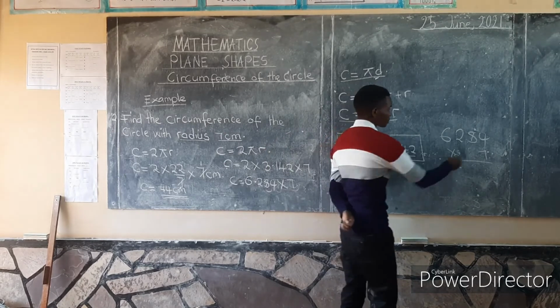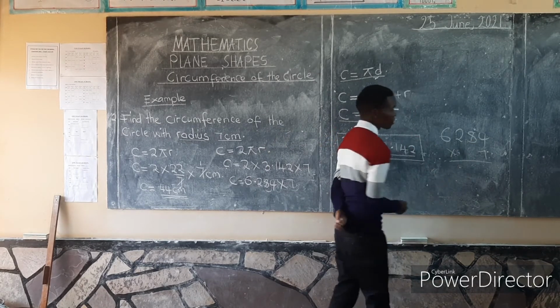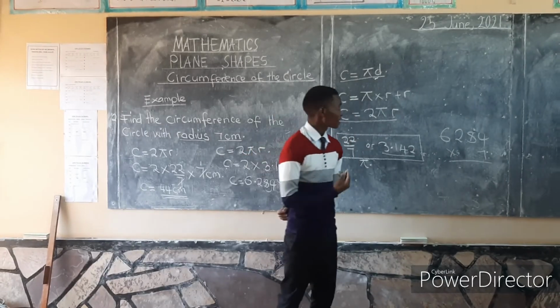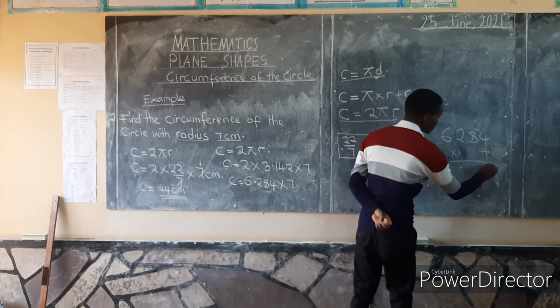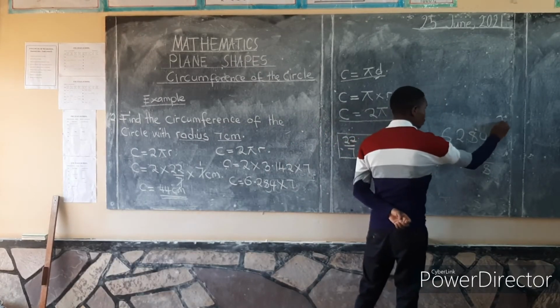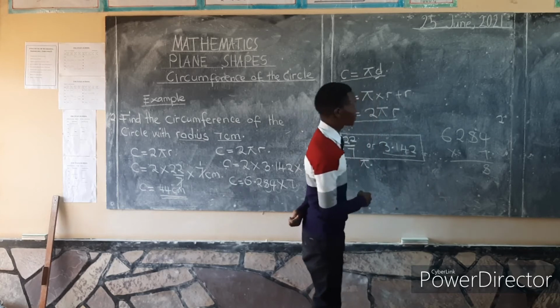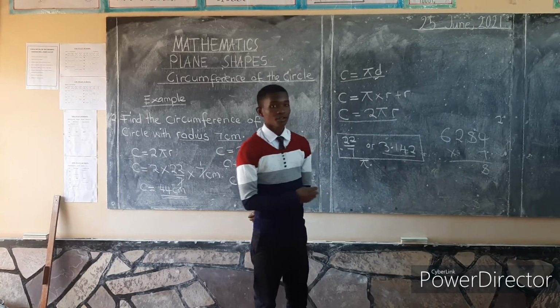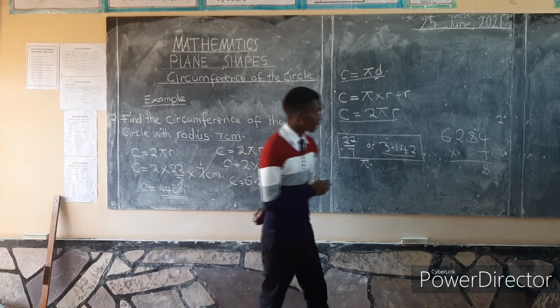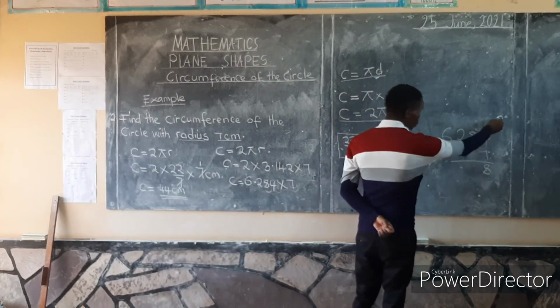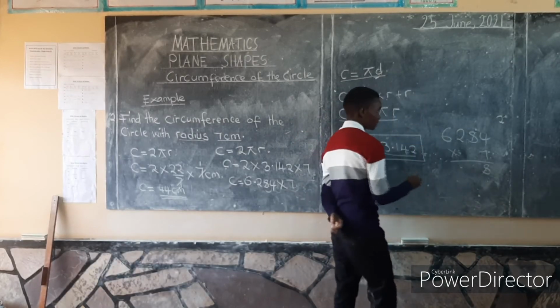And now I'll multiply this number by 7. Right. So 7 times 4, we are having 28. So I'll write the 8 here and carry a 2. 7 times 8, we are having 56. Now 56 plus 2, we are having 58.